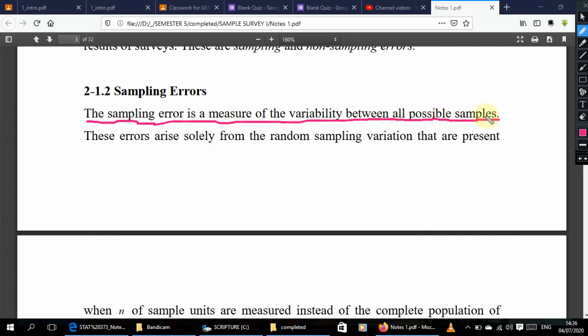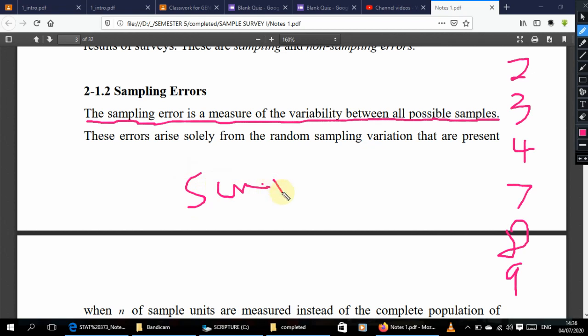Okay, so what happens is that, assuming this is your population, you have 2, 3, 4, 7, 8, and finally 9. So these are your population: 6 elements, and possibly you want to take a sample of 3, right?